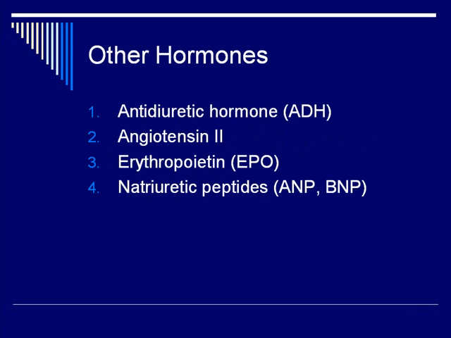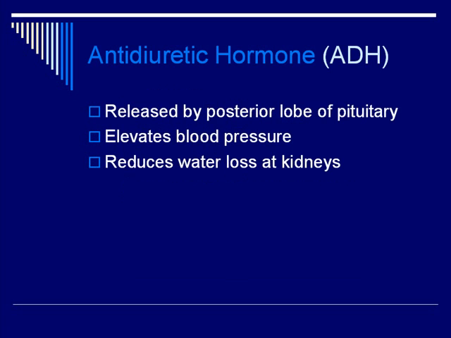There are some other hormones as well, antidiuretic hormone, angiotensin II, erythropoietin, natriuretic peptides. All of these we will go into a lot more detail in the endocrine system, the adrenal system when we talk about the hormones that are secreted there. And so I just mentioned those for completeness sake today, but we'll go into a lot more detail about what they do.